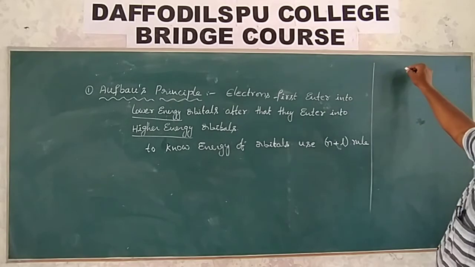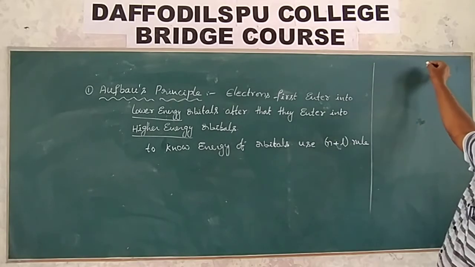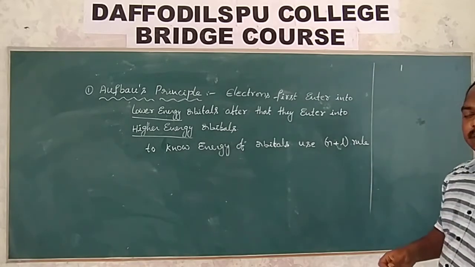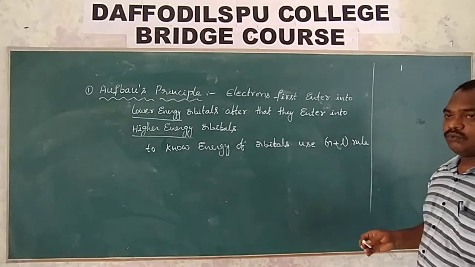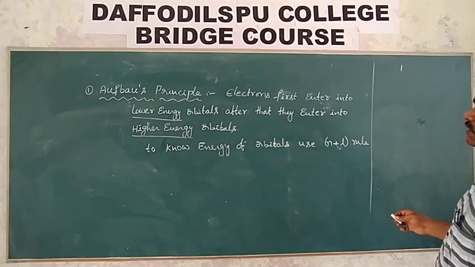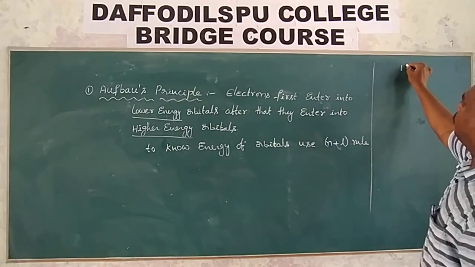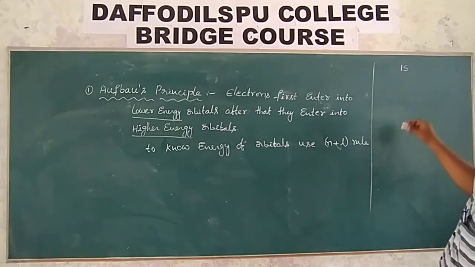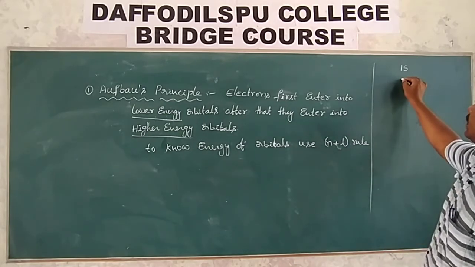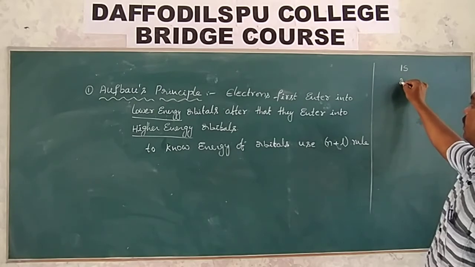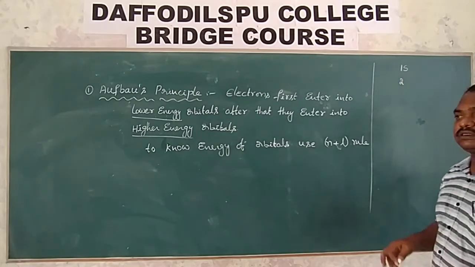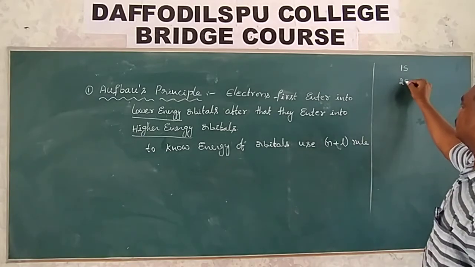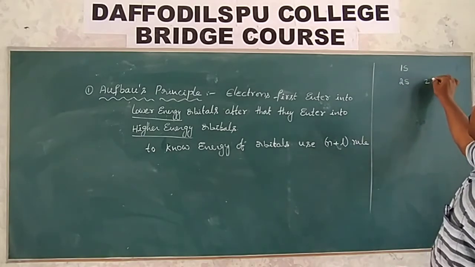What I said, you write down the orbitals in different shells. In the first shell, which sub-energy level is present? Only one sub-energy level is present, and that one is 1s. Take the second shell. In the second shell, what are the sub-energy levels? S and P. That means 2s and 2p.